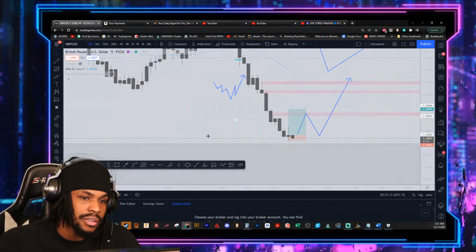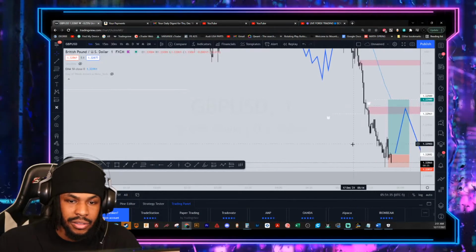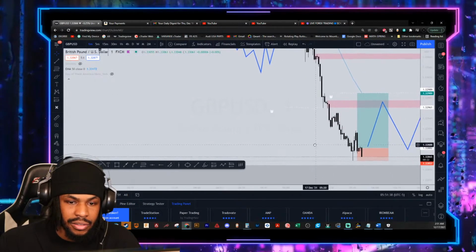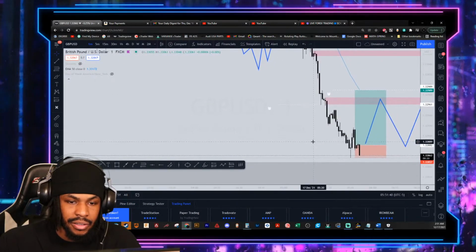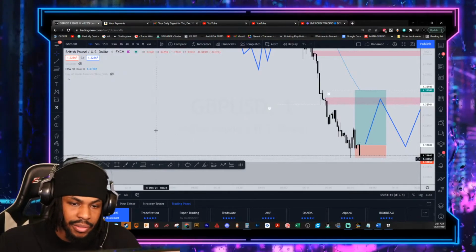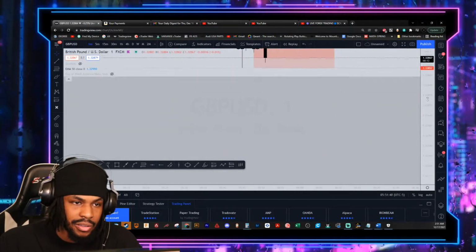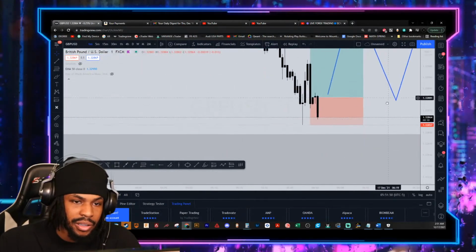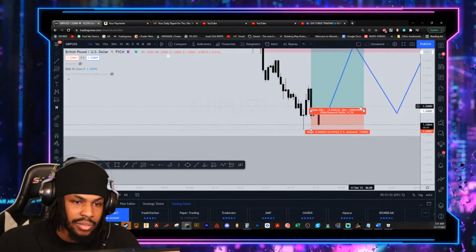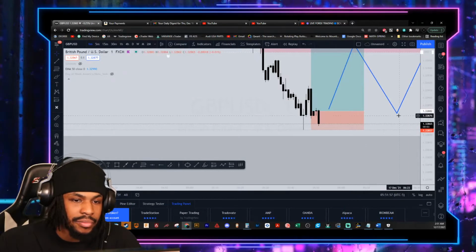So we entered on the 1 minute. Alright, no lower than that is what I want. At least give me another break high. I want to at least go to break even on this, so I don't have to take an L.